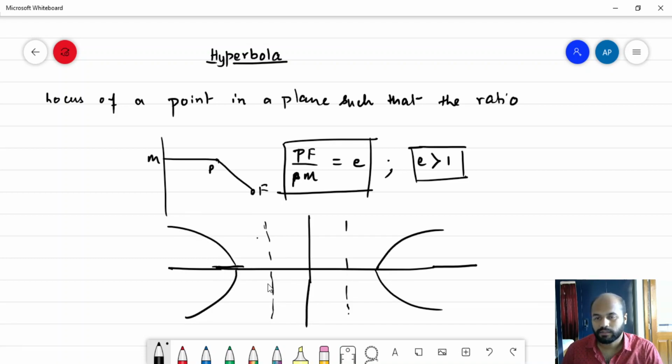This distance from this vertex to this vertex is given as 2a. So this distance is 2a. Also, this is one focus F1, this is another focus F2. Distance between the foci is given as 2c.